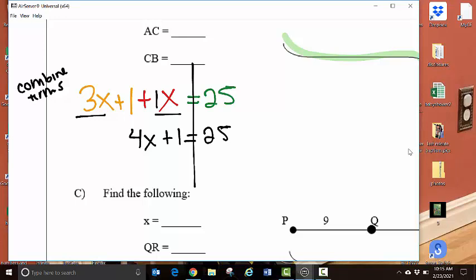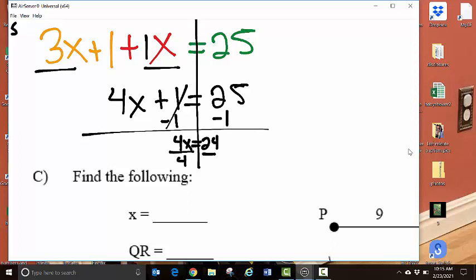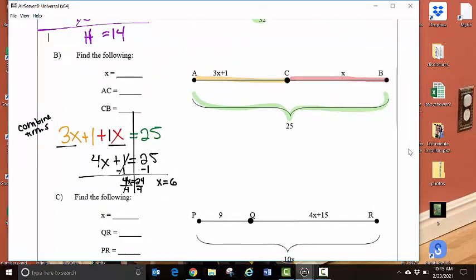And now it's a you and your best friend problem. Minus 1 from both sides to get rid of the best friend, and divide both sides by 4, and you will get x equals 6. Okay, so x is 6.